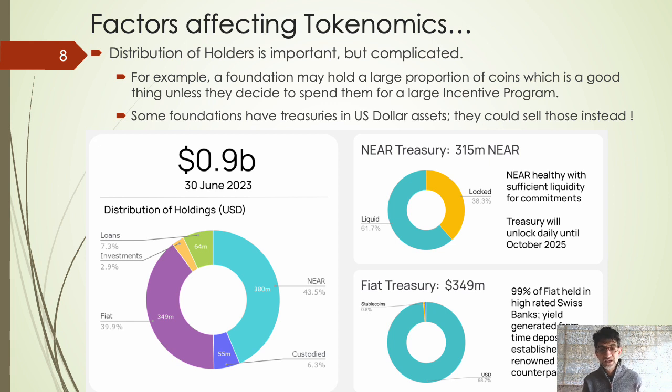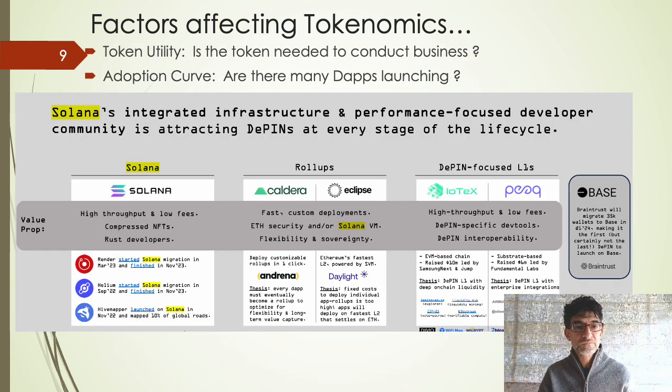If their native coin goes down in price, they don't need to worry. They can just use dollars. Because if you look at the bottom right under fiat, they have $349 million as of June 23 in US dollars in stablecoins. Basically, most of it's in US dollars. That is excellent. That's what you want to look for in a treasury. And again, you rarely see this in any treasury.